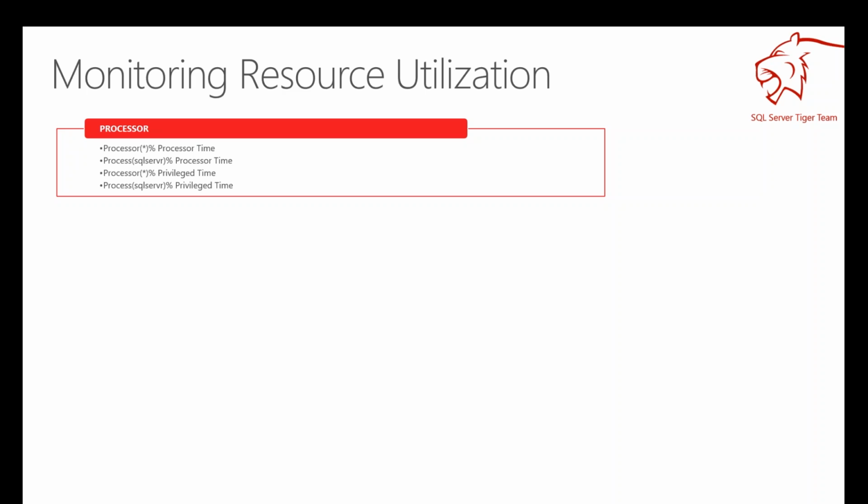Now, because you are monitoring performance baseline for SQL Server, you will also be selecting Process, and under Process, you also have % Processor Time, and you would be selecting it for sqlservr, which is the SQL Server process. Then you have Processor % Privileged Time.